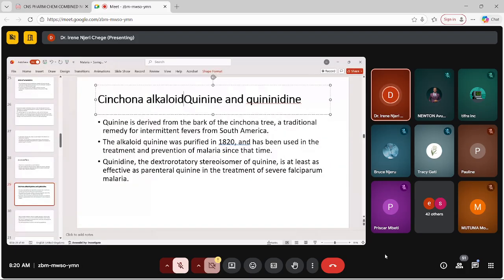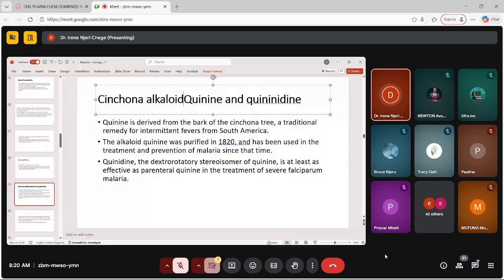So they're from the bark of the cinchona tree, the alkaloids. They have been used for many years to treat malaria. So we have quinine and quinidine. Quinidine, the dextrorotatory stereoisomer of quinine, is at least as effective as parenteral quinine in treatment of severe P. falciparum. But we use it for another use. You will tell me the uses of quinidine later on.